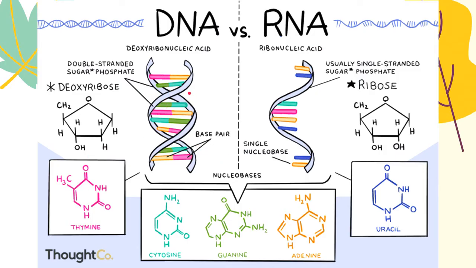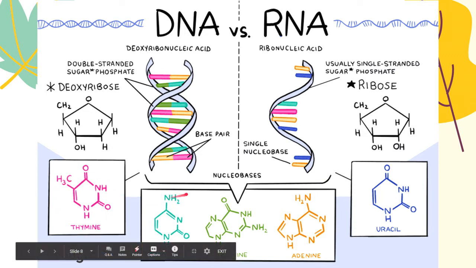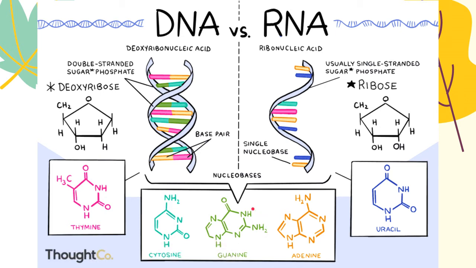Okay, so let's review again the difference between DNA and RNA. DNA is double-stranded. DNA is missing an oxygen here, and DNA has the following nitrogenous bases: thymine, cytosine, guanine, and adenine. It does not have uracil.